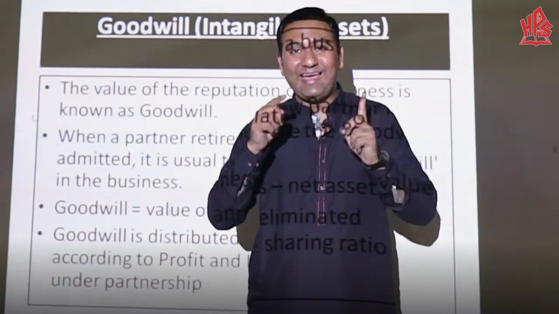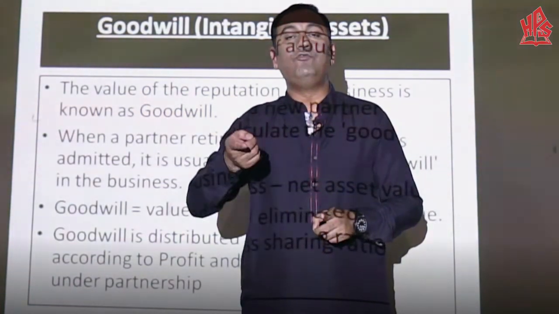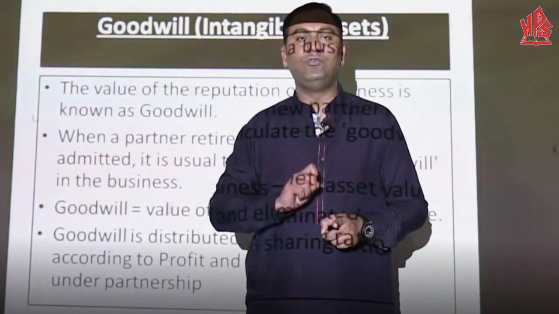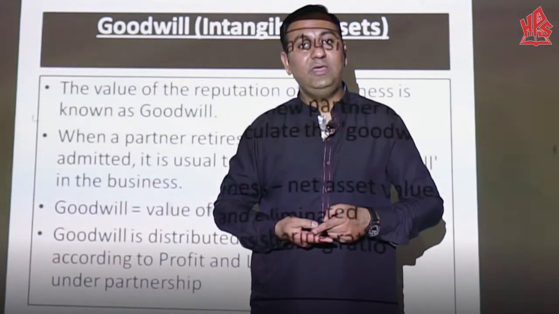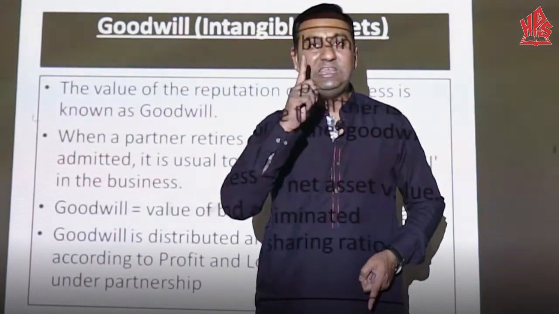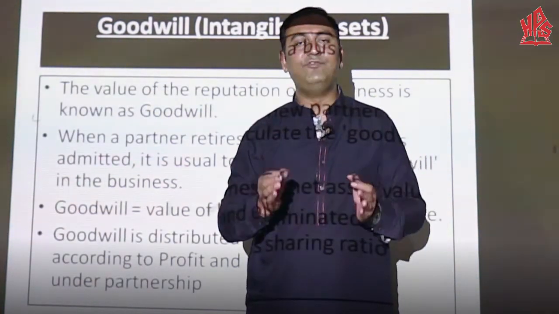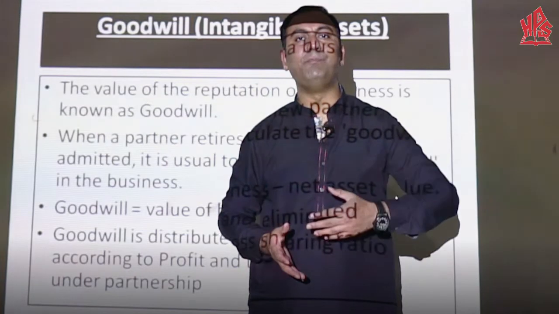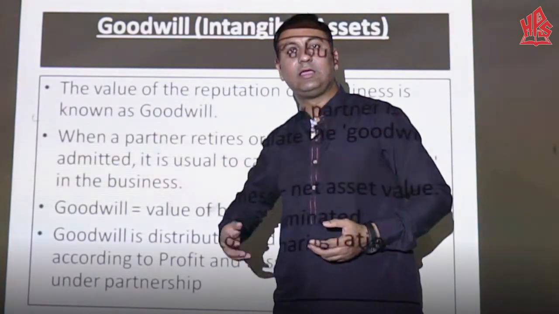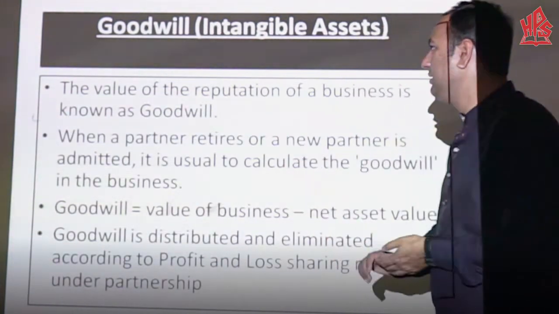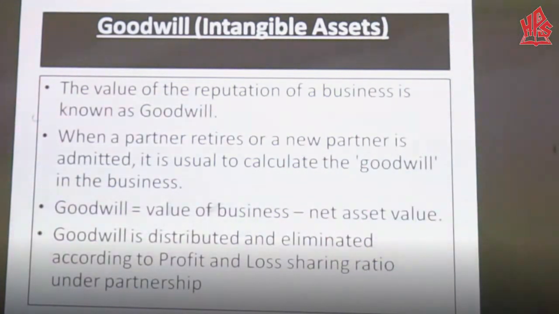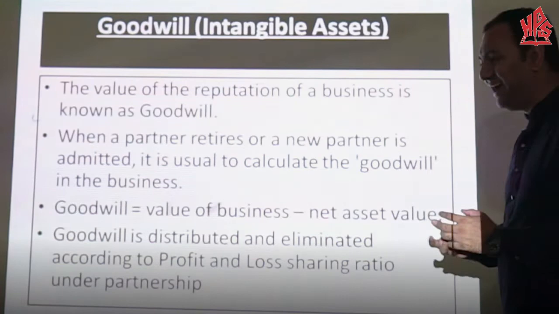If partners decide that goodwill won't be treated in the accounts, the share of the goodwill will be borne by each partner. Means each partner will bear the loss of their part calculated by the profit and loss sharing ratio for goodwill. Okay, goodwill is an intangible asset.